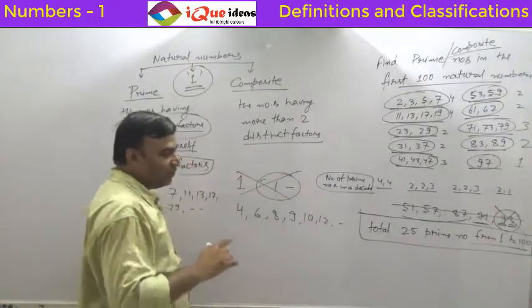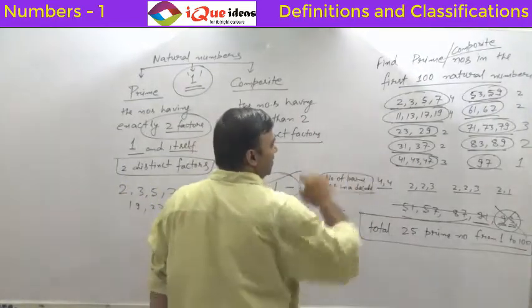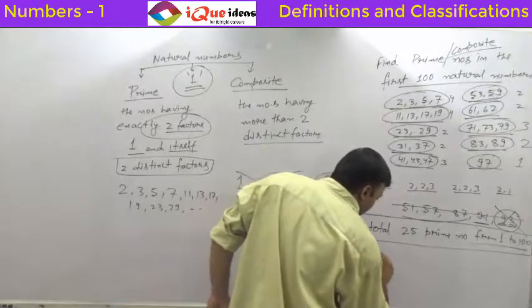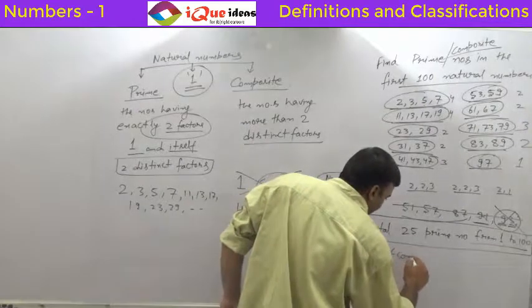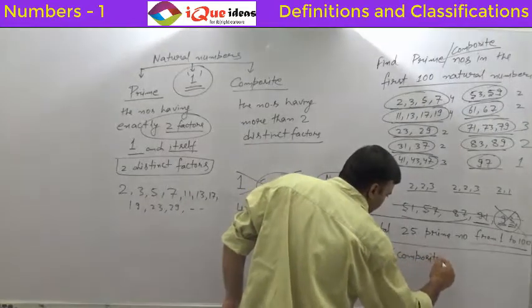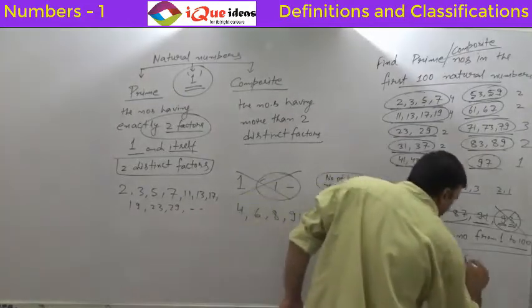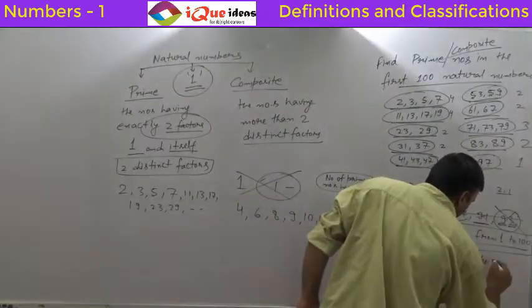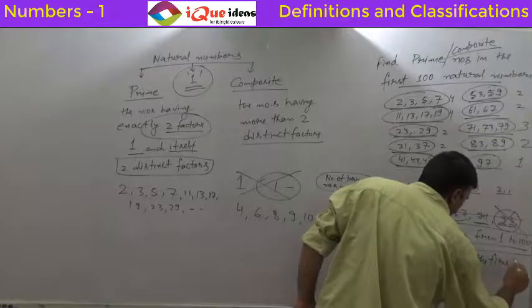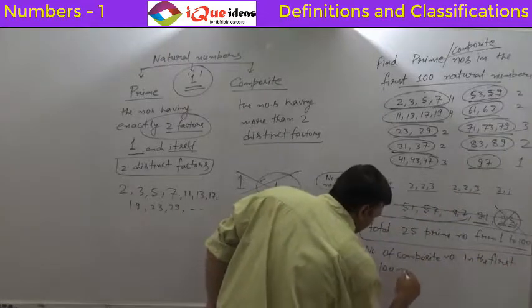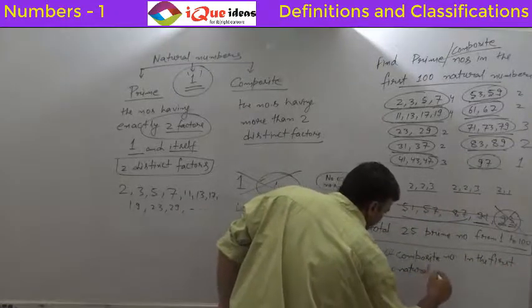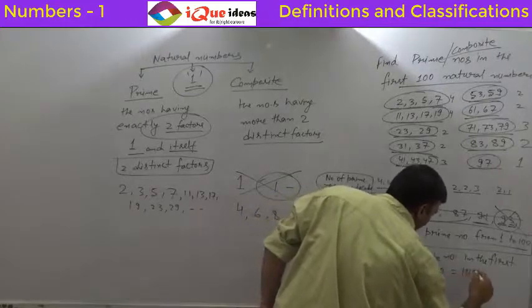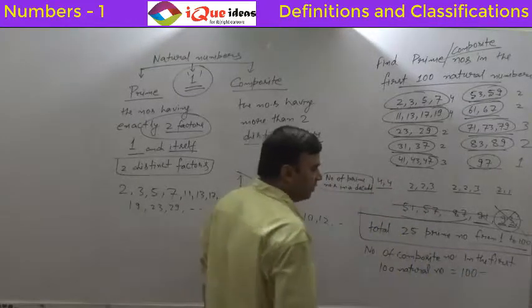So when you go on counting composite numbers, what you have to do is number of composite numbers. If I say composite numbers in the first 100 natural numbers, what do we have to do? We have to remove something from 100. What all do we have to remove?